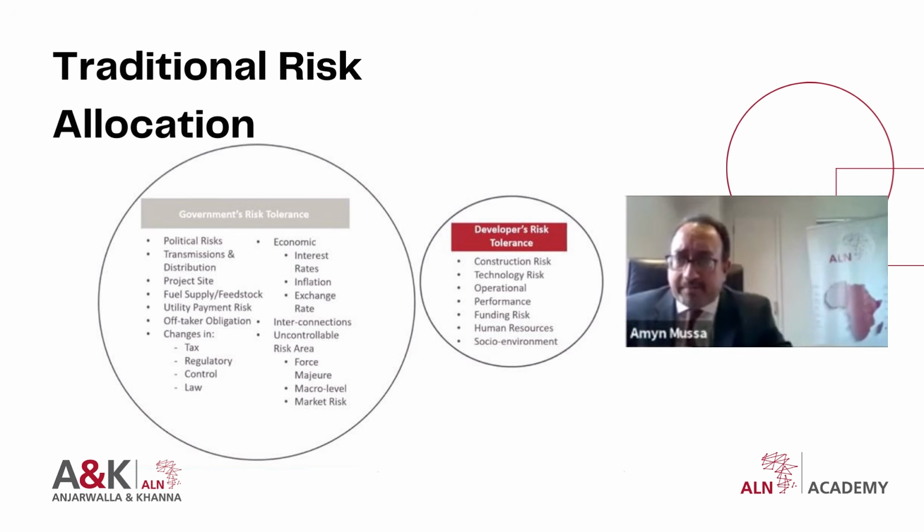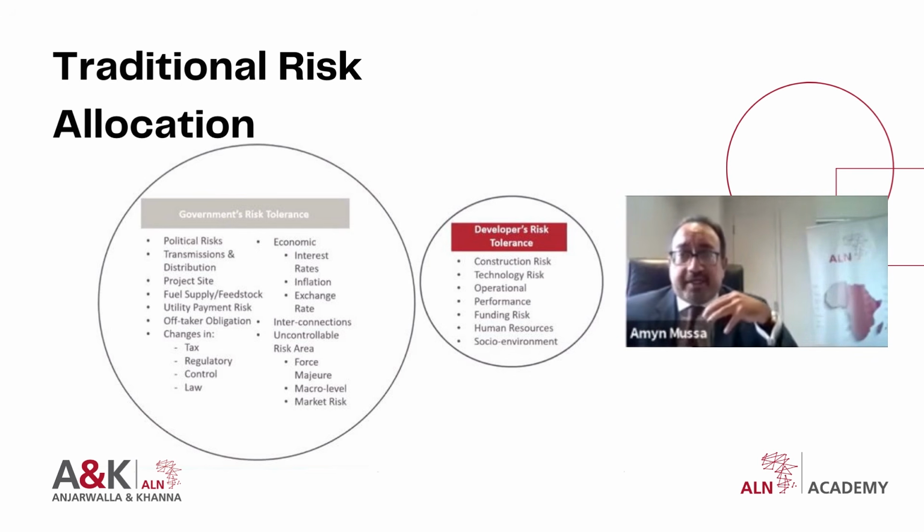In the diagram that we have put in front of you, we have set out what I call a traditional risk allocation structure that in some sectors we used to see 10 years ago. In some new sectors of PPPs, that may still probably apply.